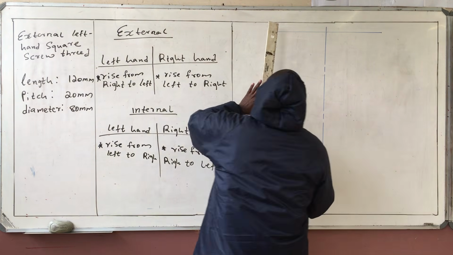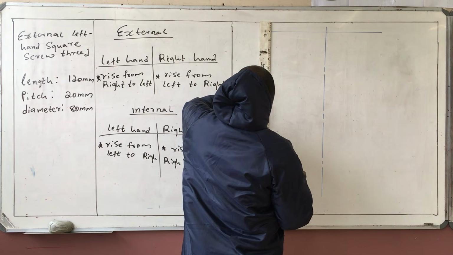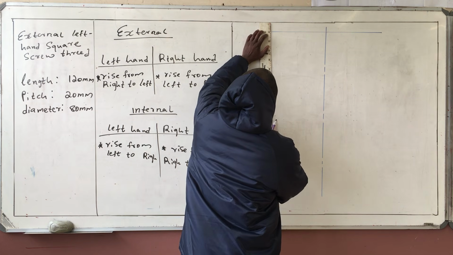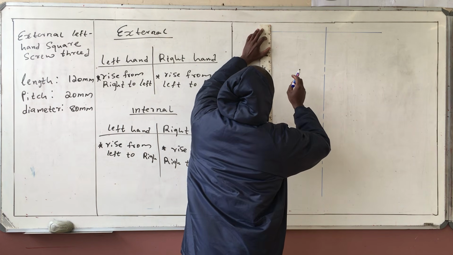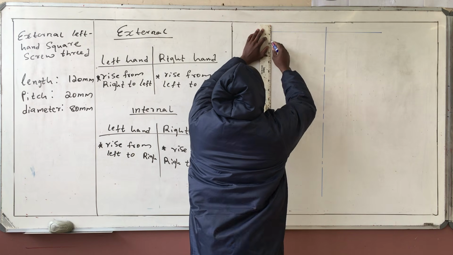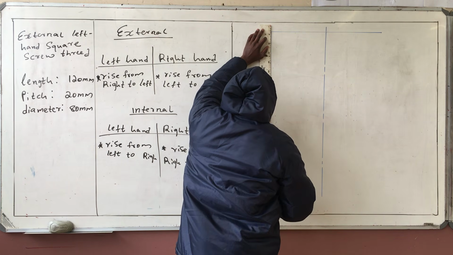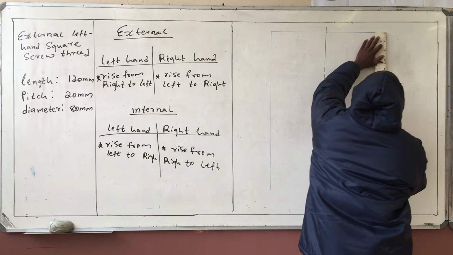From there, also using construction line, you draw the length of your square thread.